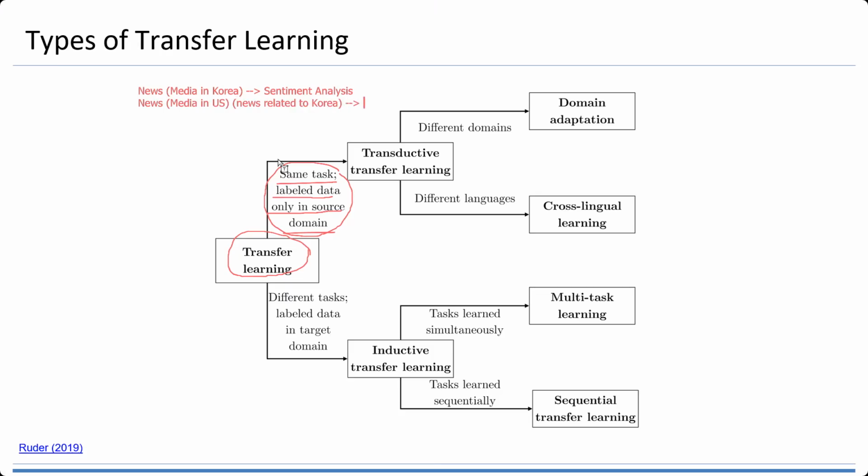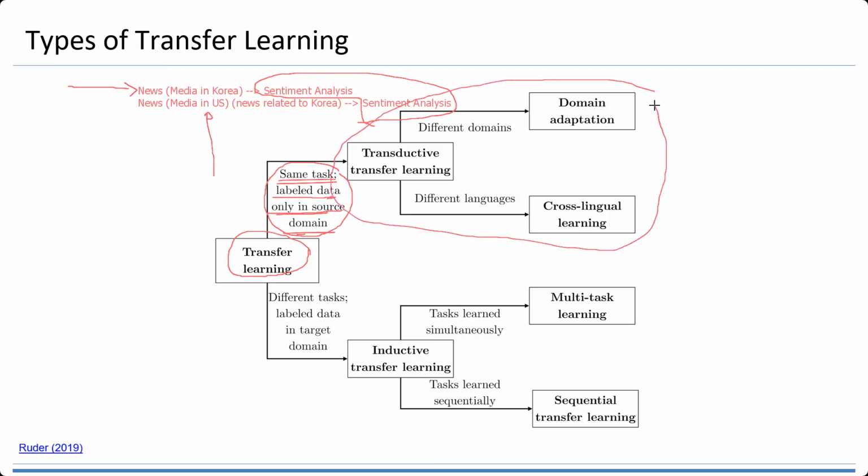And I want to do sentiment analysis. So we call sentiment analysis the task. We have the same task. We want to do sentiment analysis, but the labeled data is only available in the source domain. So I have the label only for the media in Korea, but I'm not sure what the label is for the media in the US. Then you can use this method.